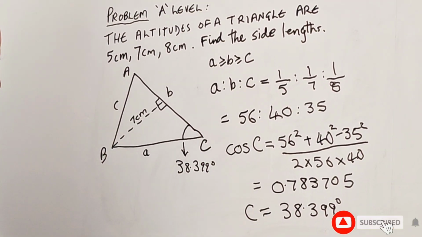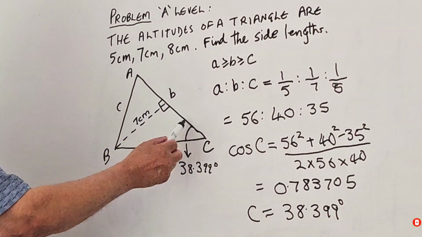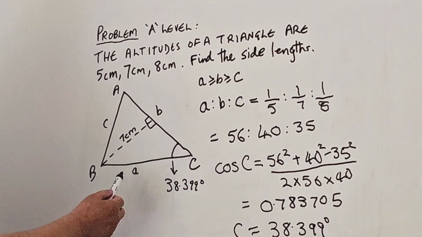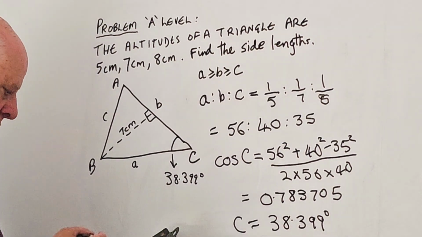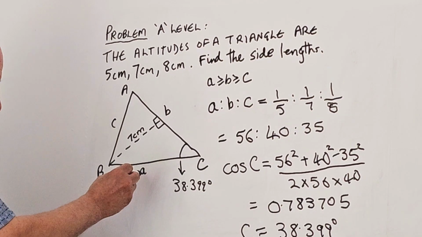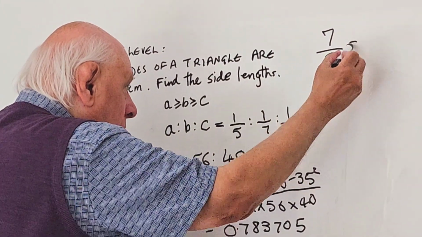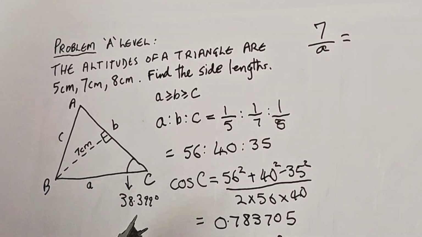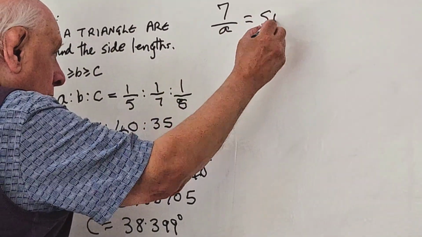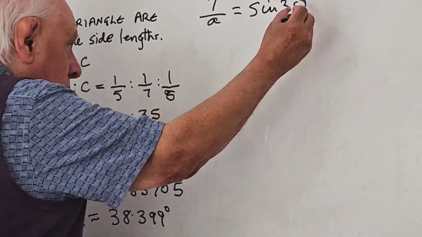And I'm going to use this triangle here to work out what the size of little a actually is. So, using basic trigonometry, 7 divided by a is equal to the sine of 38.399 degrees.